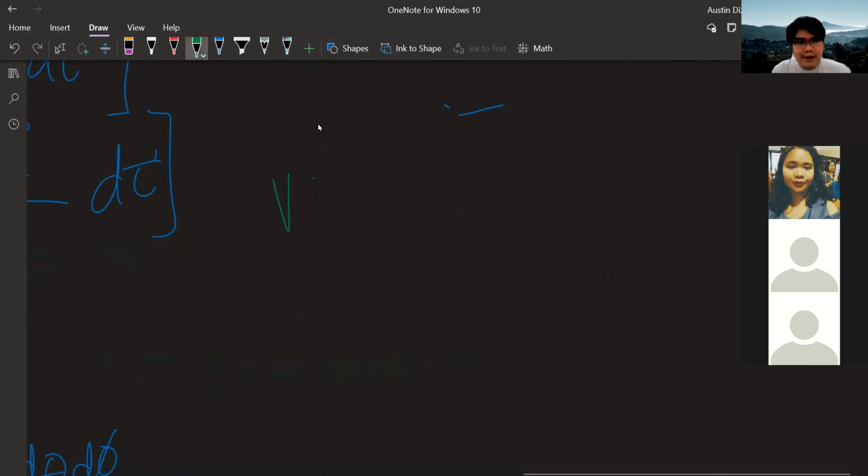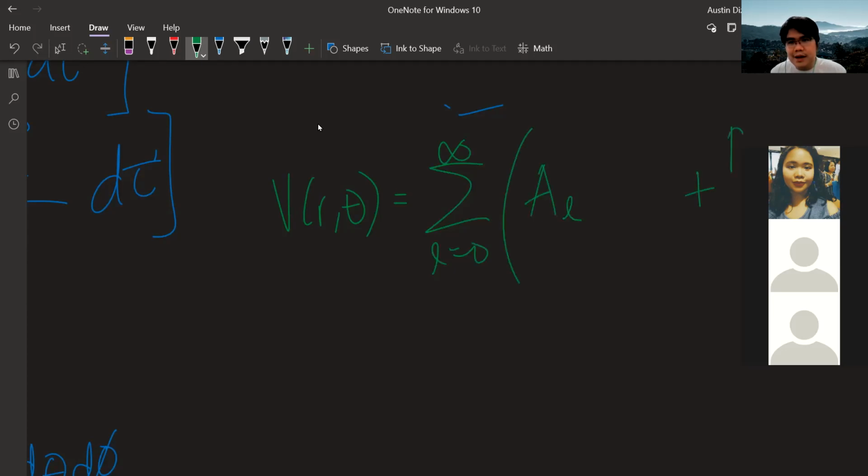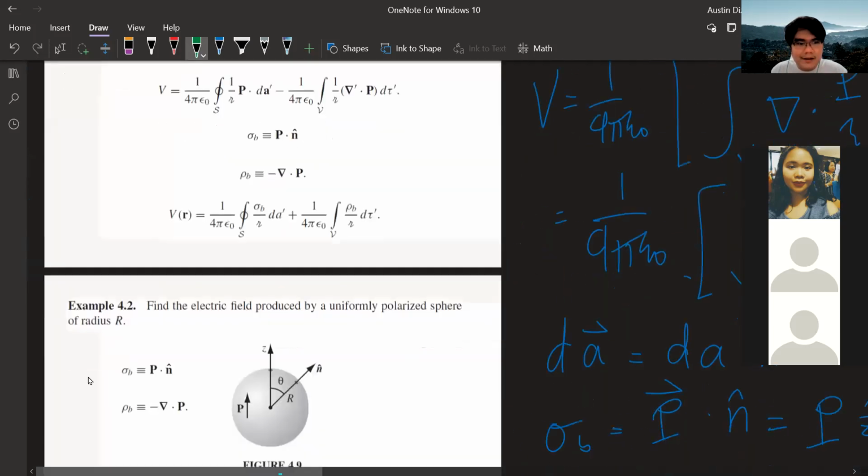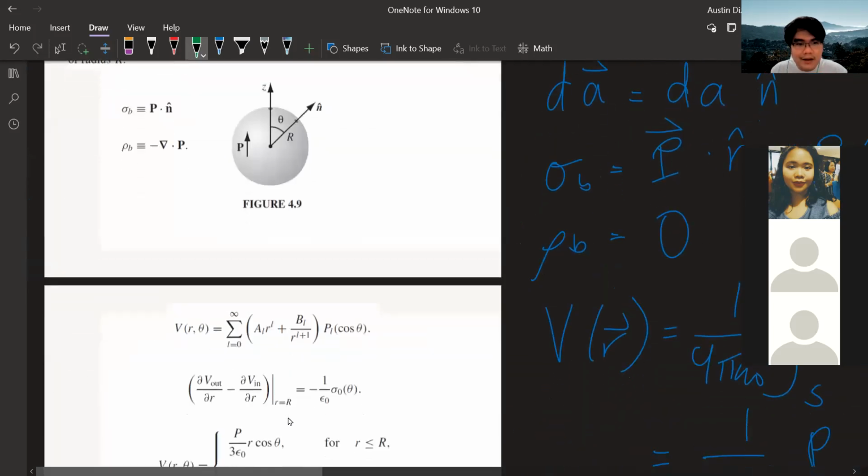Let's say V(r, theta). Okay, practice na rin to sa exam, no? Sum L, running from 0 to infinity. Tapos A_L r^L plus B_L over r^(L+1). Tama, di ba? Check natin.